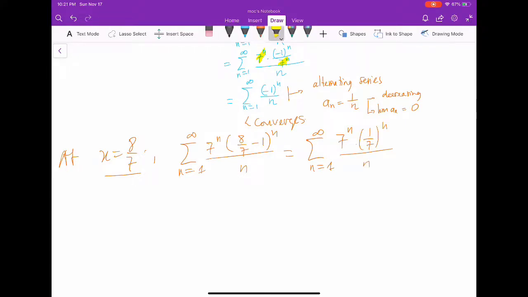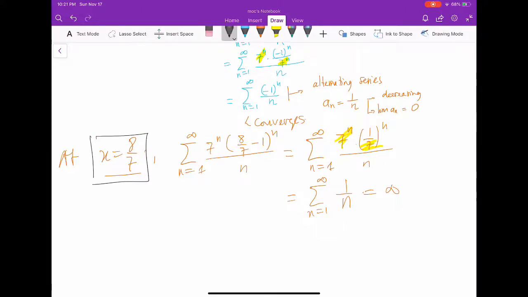Of course you see here we have 7 to the n and 1 over 7 to the n, and that is just 1, right? So basically this is equal to the sum from 1 to infinity of 1 over n. This is the harmonic series. The power is 1, so this series diverges. That means the other endpoint is not in the interval of convergence.